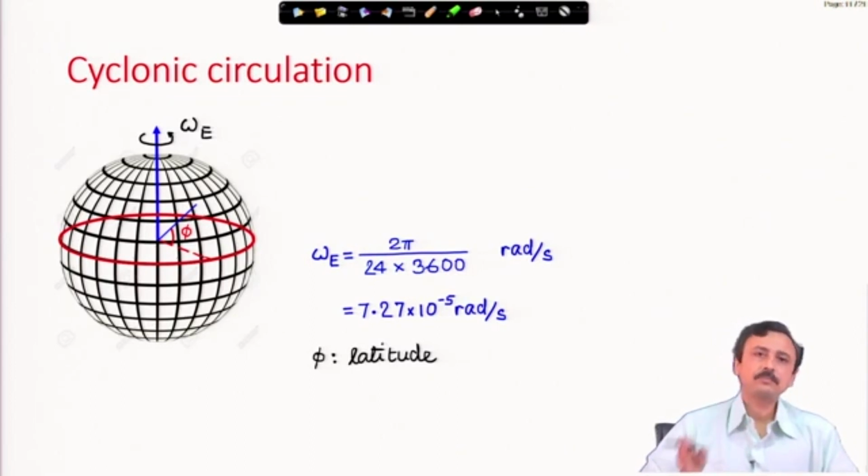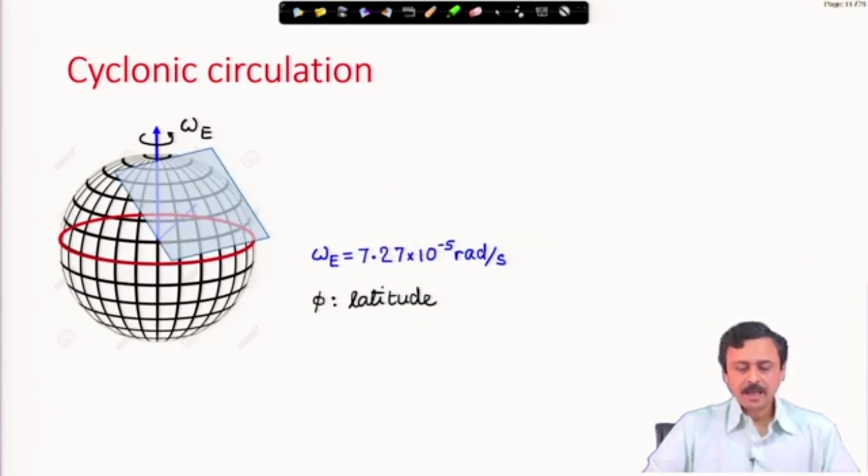Equator being 0, it moves up to 90 degrees for the north pole, minus 90 degrees for the south pole. I consider a plane which is tangent to the earth at that point under consideration.